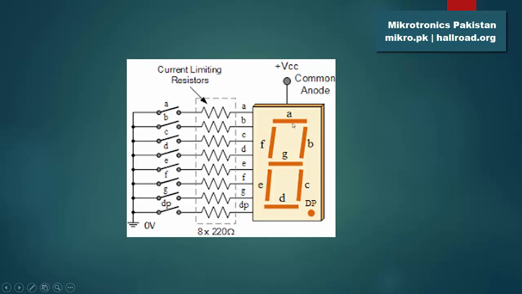But if your LED display is bigger and has bigger LEDs that consume more current, then you cannot drive them directly from the microcontroller. Then you have to use either driver ICs, which take 12 volts or more and specify the constant current to these devices, or you can use transistors to provide a higher current to the segments.